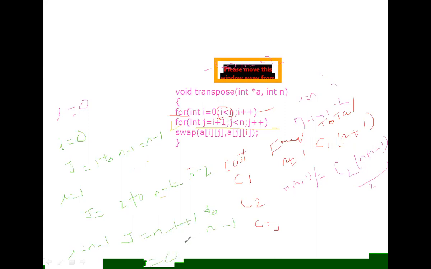So here the number of iterations for transpose of the matrix or swapping starts here with n minus 1, n minus 2 and so on, down to 1 and 0.